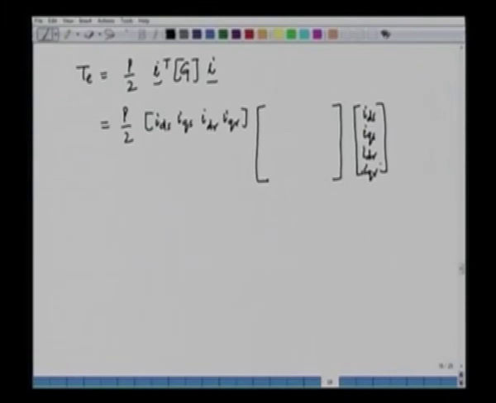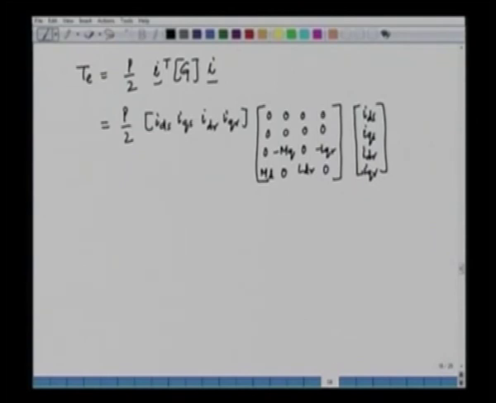Now we can fill up this matrix G, and the matrix G, as we have already seen, has got these elements. These are the elements of matrix G: minus MQ, 0, minus LQR, MD, 0, LDR, 0. So if we simplify this, we will have the expression for the torque. Okay.